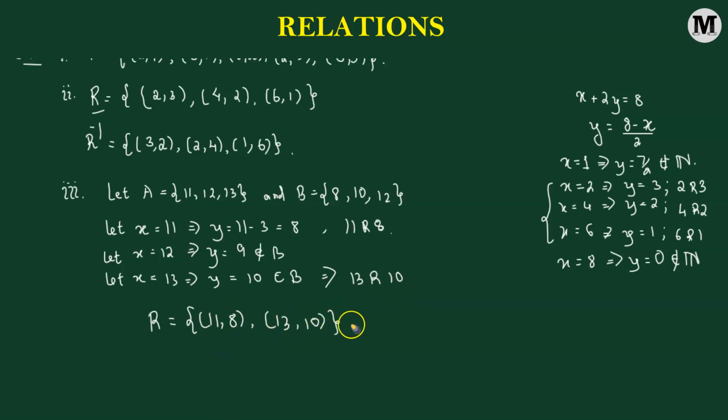This is our relation. And now that we have the relation, it's easy to define its inverse. So that will be (8, 11). That's one ordered pair. The other ordered pair is going to be (10, 13). Fine. So this is the end of the problem.